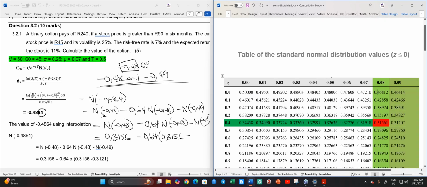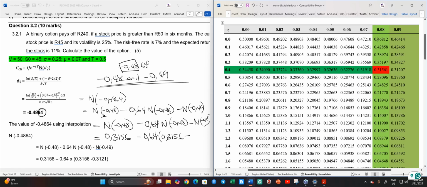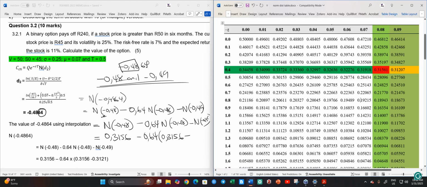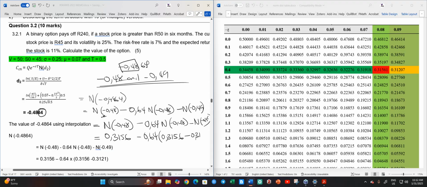Right. You see? Where they intersect, they're intersecting here. So this becomes the value of minus 0.49. That's 0.3121, because it's 0.31207 rounded to 4 decimals.